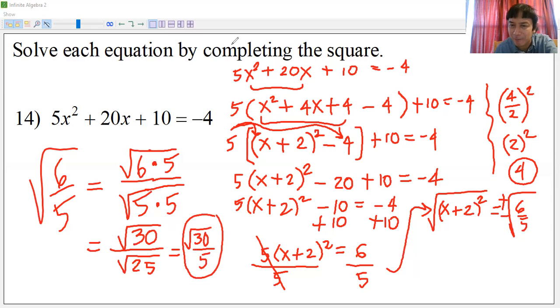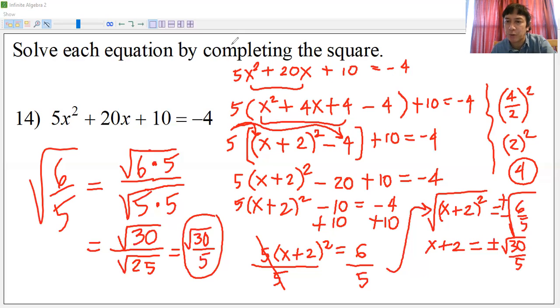So we're going to continue at the right side. This will turn out x plus 2 now. And this will be plus or minus square root of 30 over 5 there, after which we subtract 2.